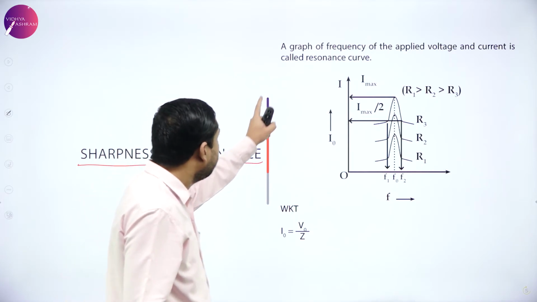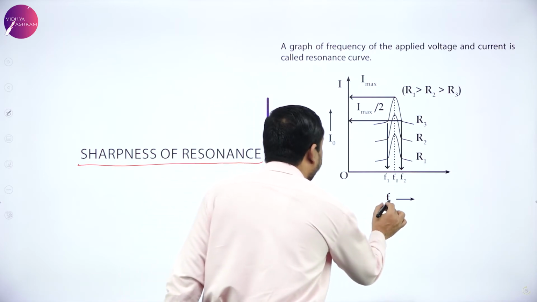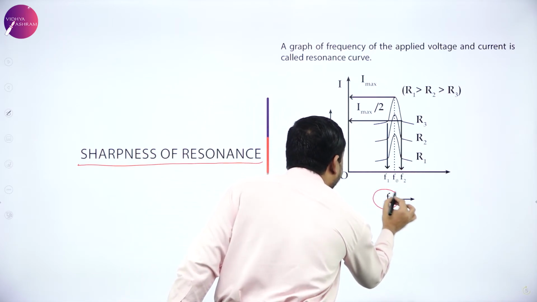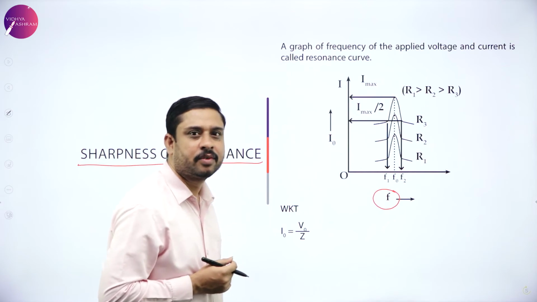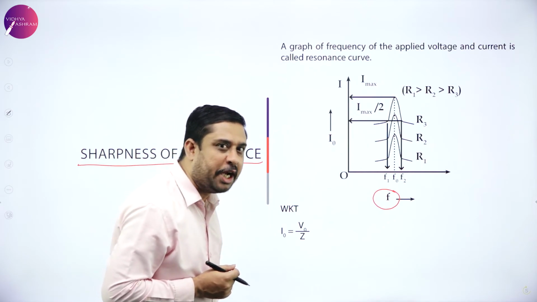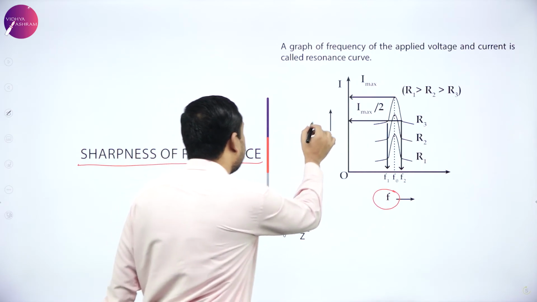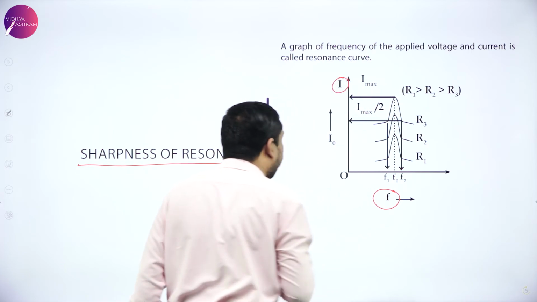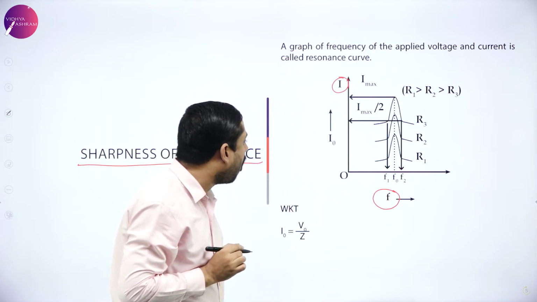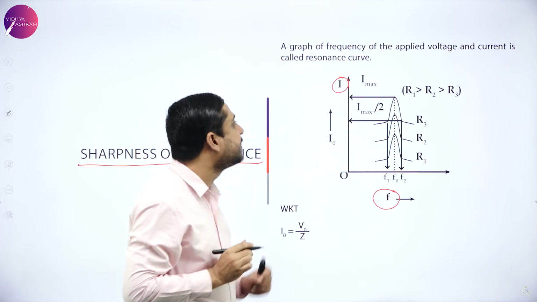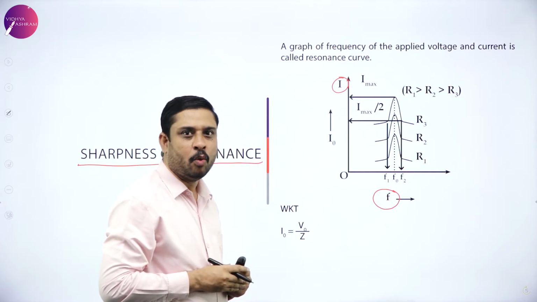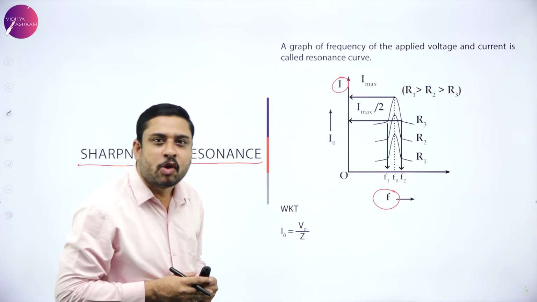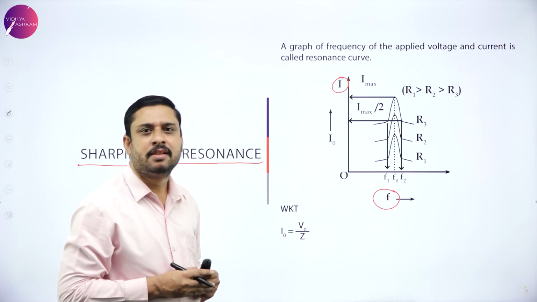Now, a graph of frequency of the applied voltage and current is called resonance curve. What is resonance curve, students?